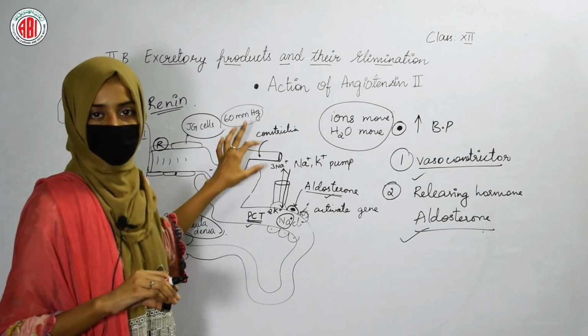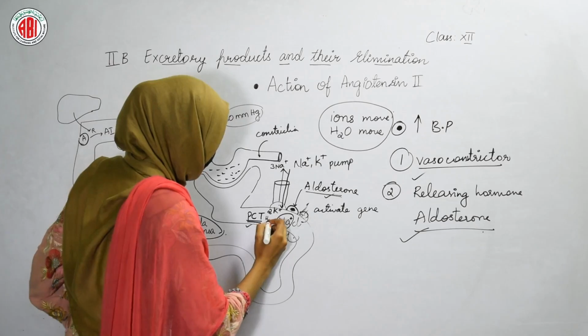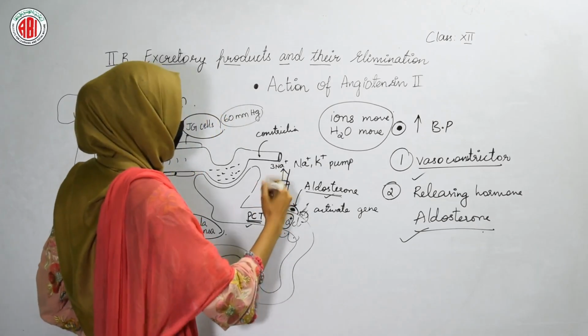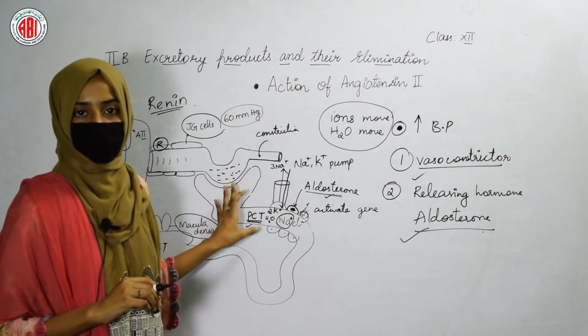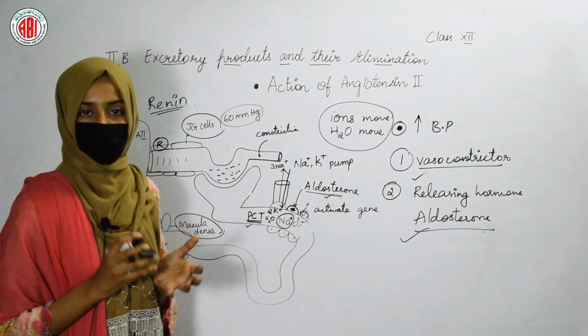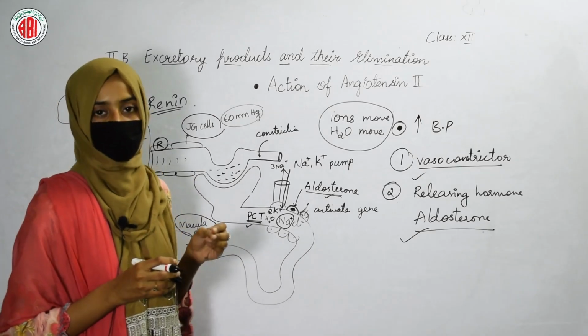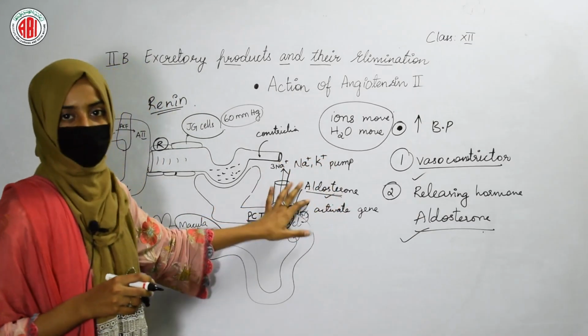As the sodium moves out into the interstitial fluid, the water present in the lumen will also move out of the PCT. When the water enters into the blood, the volume of the blood increases, and in turn the blood pressure also becomes high. So this is the action of aldosterone.